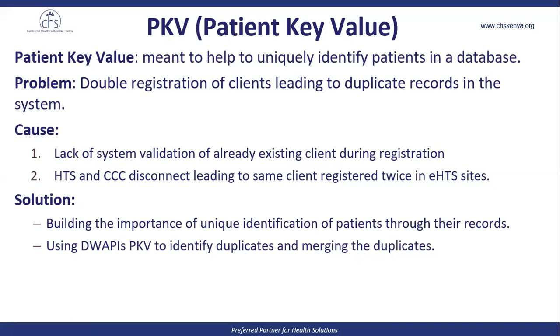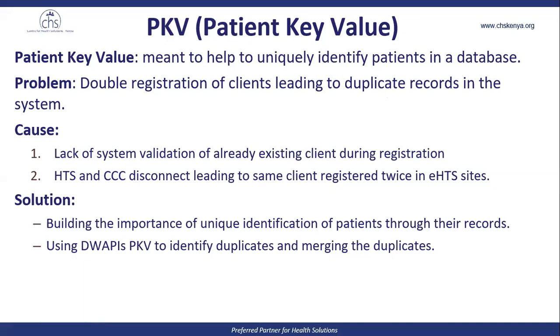So one of the things that we've done is we have emphasized the importance of uniquely identifying our patients through their records. I know the unique patient number, UPN, was meant to uniquely identify patients, but at times it hasn't been that consistent.